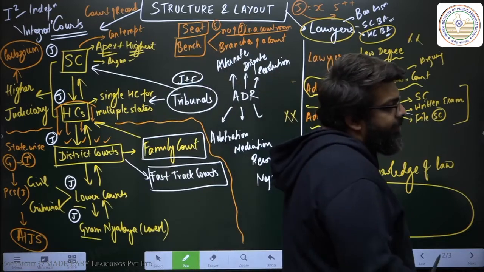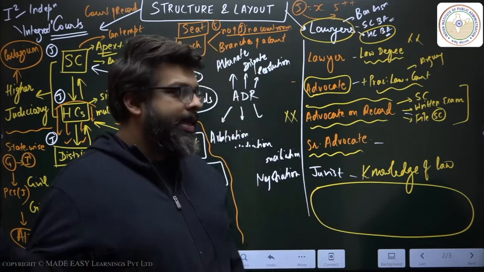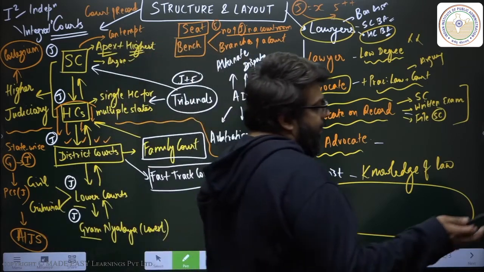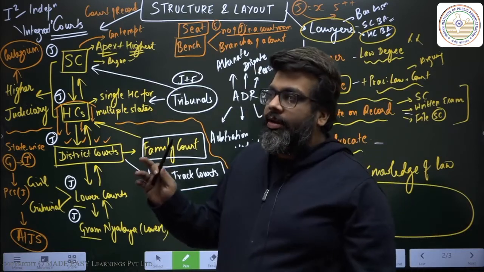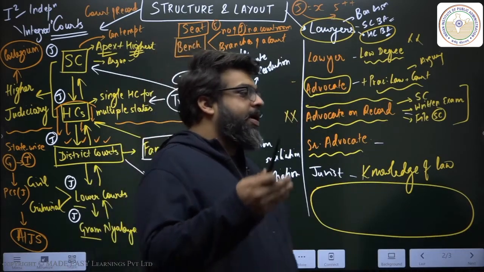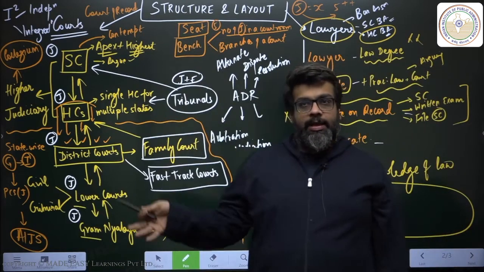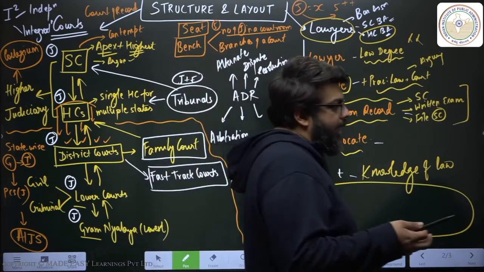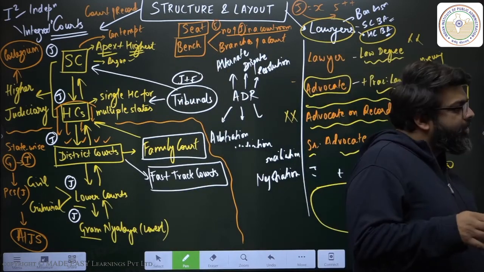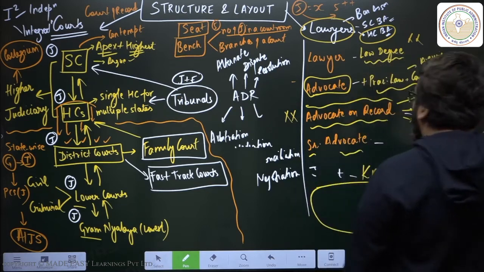For example, I am registered with the Delhi Bar Council, but I can practice in any High Court of the country. That was not the case 6 years ago. If I had a client in Delhi and the client's case was in Calcutta, I could not argue in the Calcutta High Court. Now I can. The rules have been changed. So this is how it works.